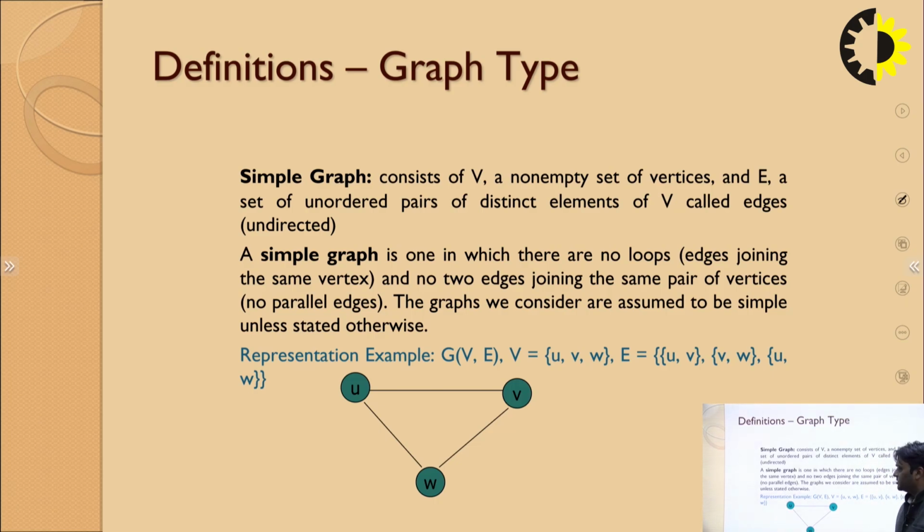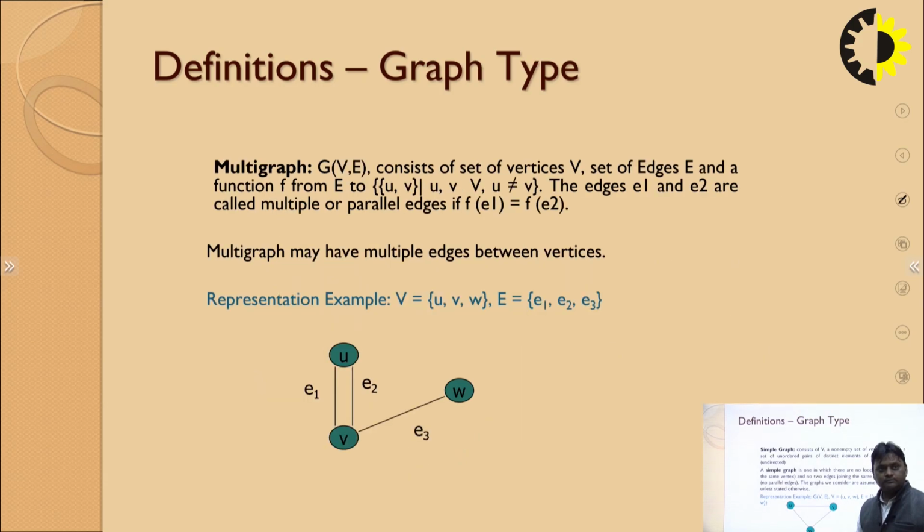A simple graph is a graph in which there is no loop and no parallel edge, as shown here. U, V, W are simple graphs. A multigraph is a graph in which parallel edges are allowed.